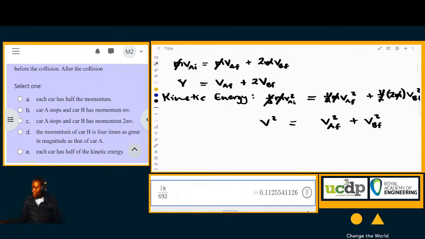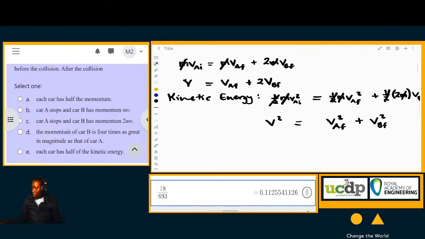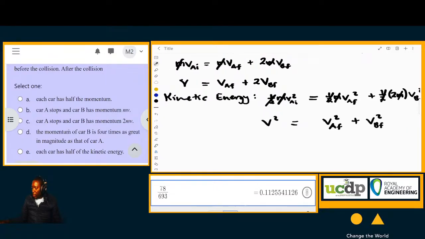Now to solve, we can eliminate either VB final or VA final, whichever, so that we can compare the two.